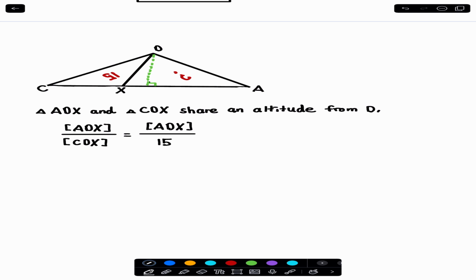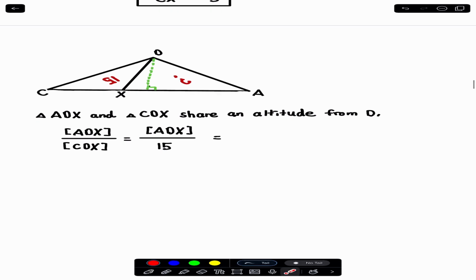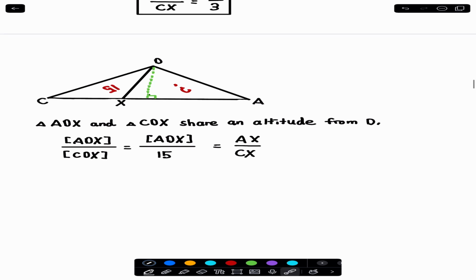The area of triangle CDX is given to be 15. And then we can almost pretend, again informally, as if we were chopping these away. We're left with AX over CX. Okay. So we have the area of triangle ADX over 15 is equal to AX over CX.